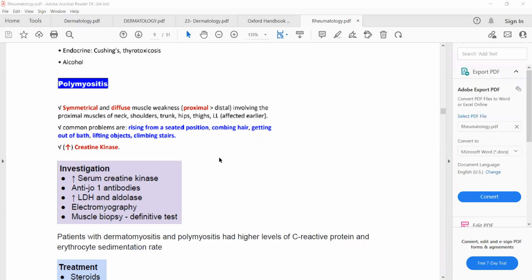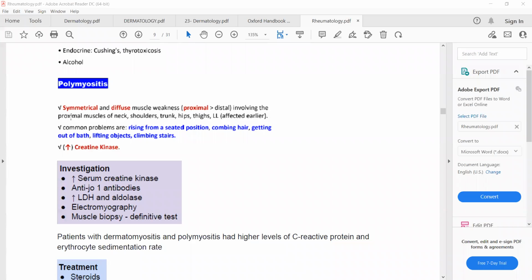So the common problems that we already discussed: the patient will have difficulty rising from a seated position, combing her hair, getting out of the bath, lifting objects and climbing stairs. So this is how proximal muscle weakness will manifest.